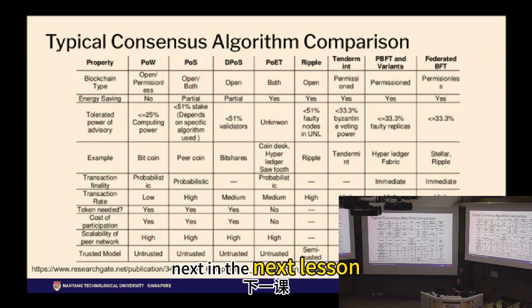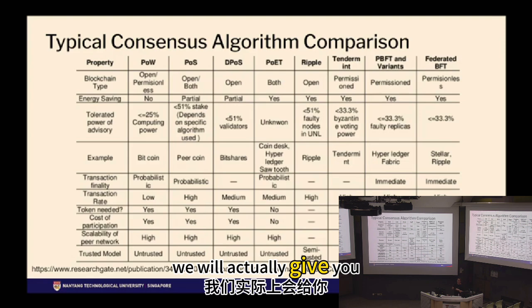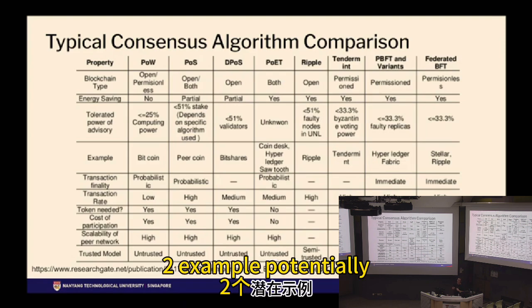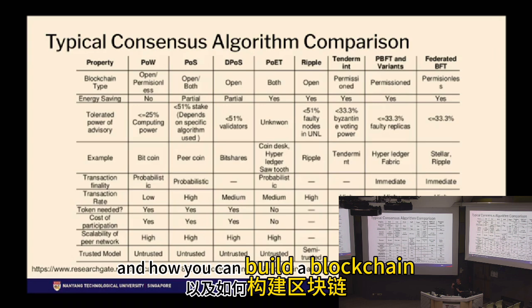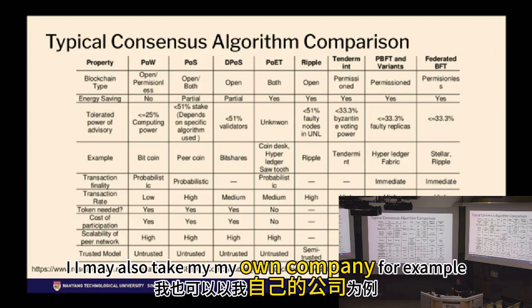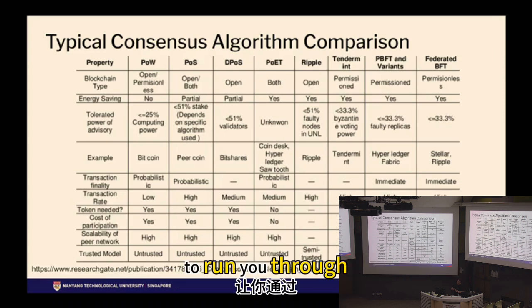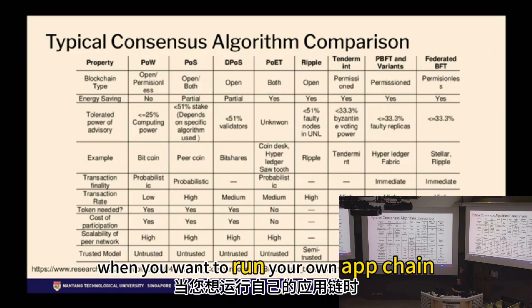In the next lesson, we will give you two examples of how in reality you can build a blockchain. I may also take my own company, for example, to run you through a real-life situation when you want to run your own app chain.